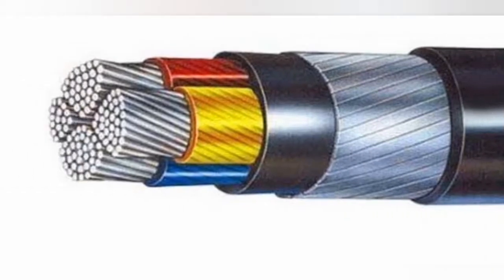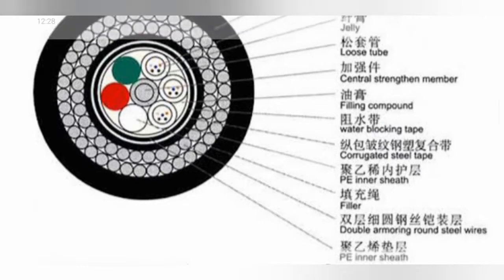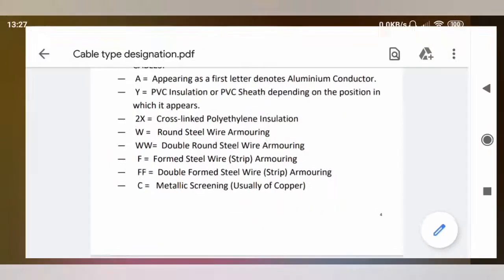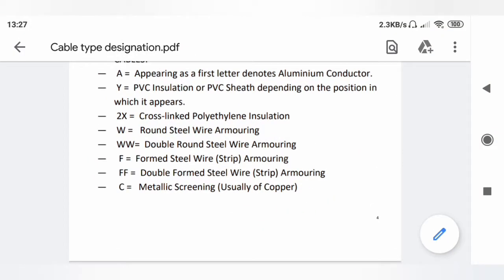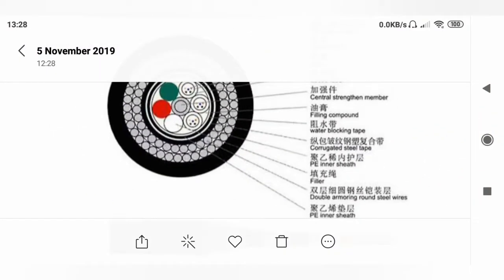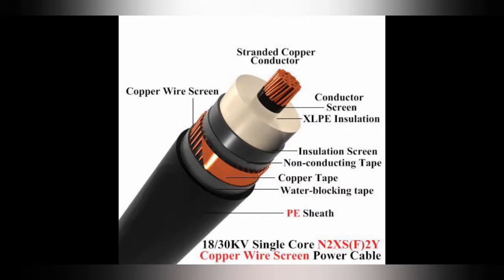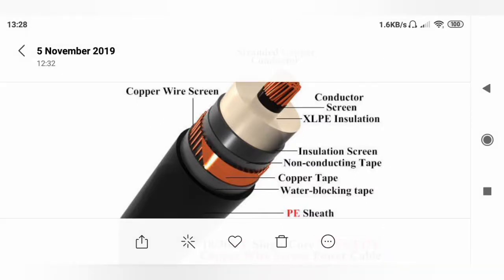So this is flat armoring, and this is round armoring. And then if the code is C, it indicates metallic screening, and usually it is copper screen. So in this image we can see copper screening. Here you can see copper wire screen.